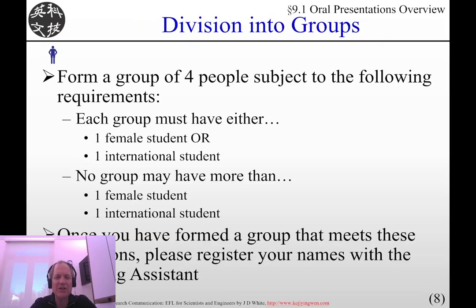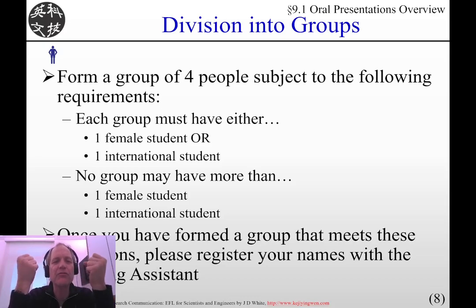Now, let's move on. I want you to form a group of 4 people subject to the following requirements. Each group must have either a female student or an international student, but no group may have more than 1 female student and 1 international student.